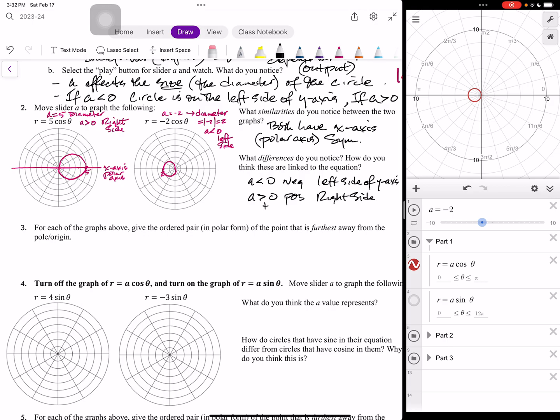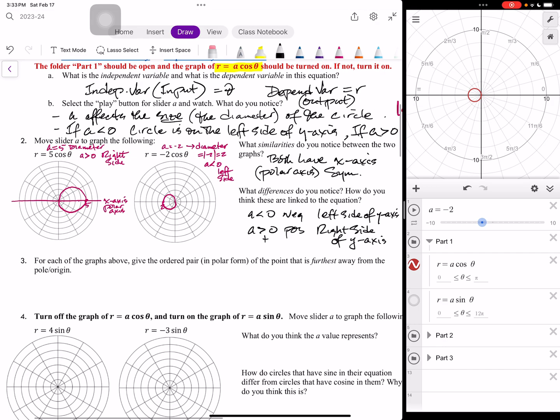So what I'm doing is making notes of my observations from the Desmos activity. Be very detailed in your observations because the end result of this activity is that you want to be able to graph any polar function on your own without Desmos. We're using Desmos to learn, but in the end, you want to take what you've learned and graph things on your own.